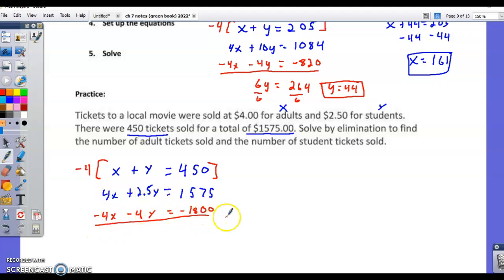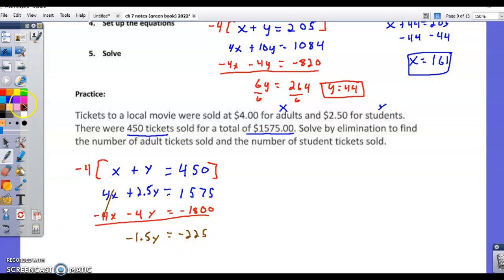Now I'm going to combine these two equations. These cancel out. 2.5 minus 4 gives us -1.5y. And then I have 1,575 minus 1,800. That gives me -225.